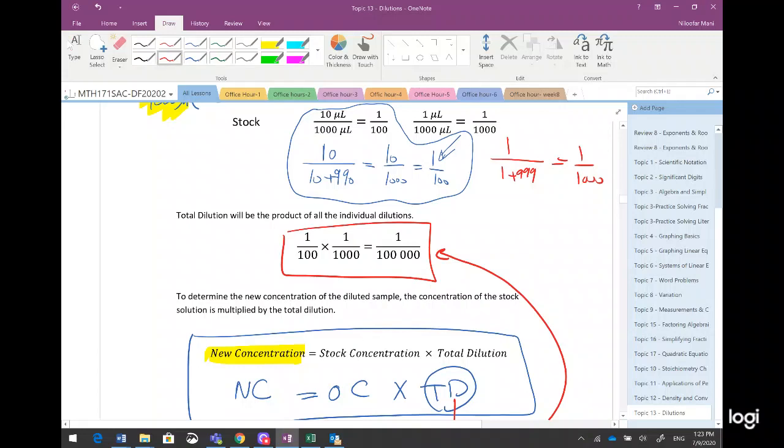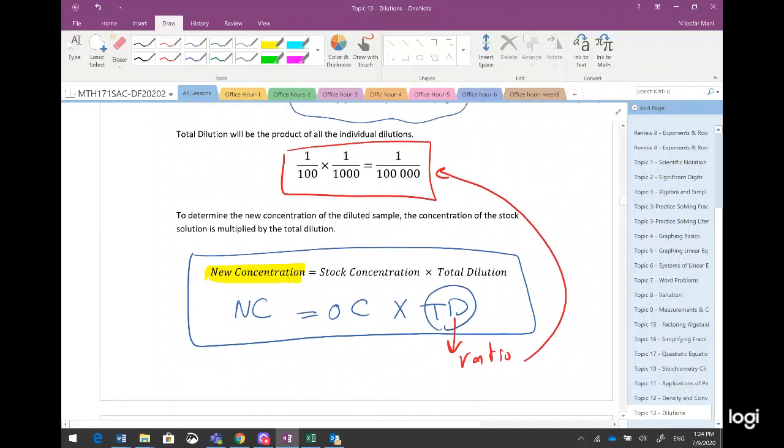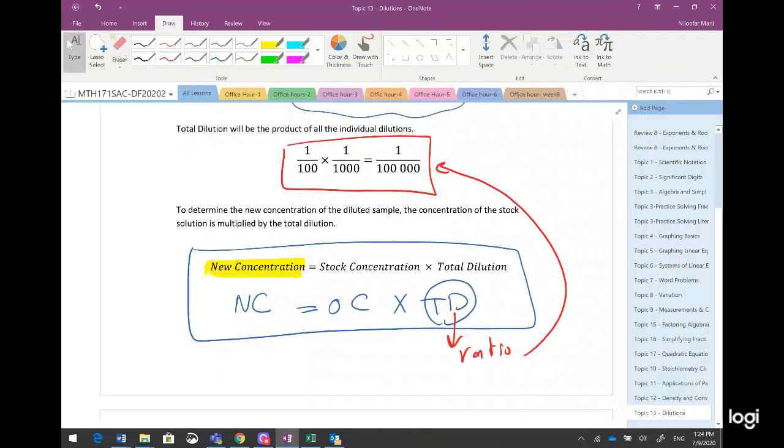If I have several dilutions and I multiply all the dilution ratios, then I have the total dilution ratio. So I can make a formula here: new concentration will be old concentration, or stock concentration, multiplied by total dilution.